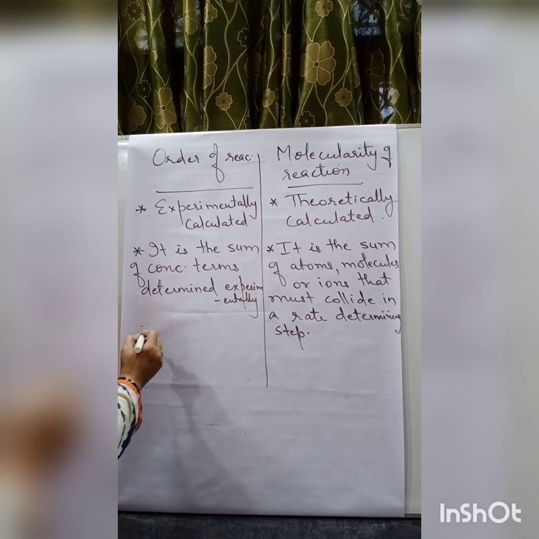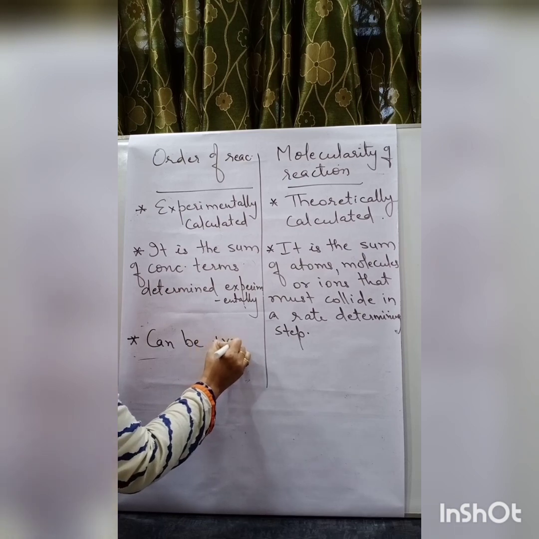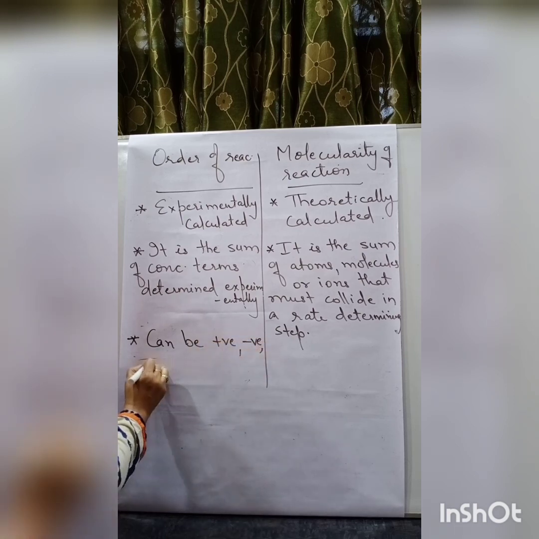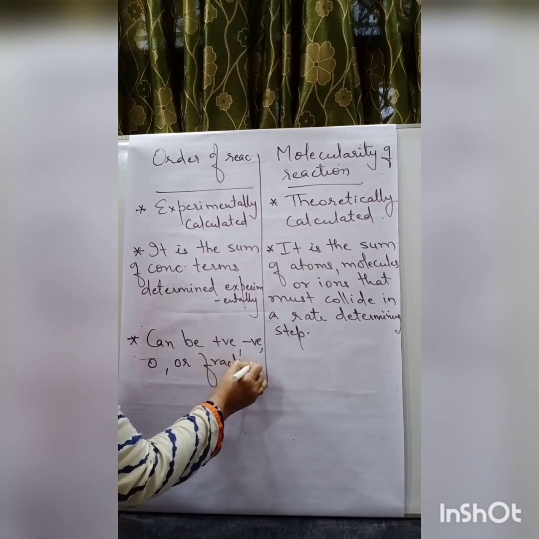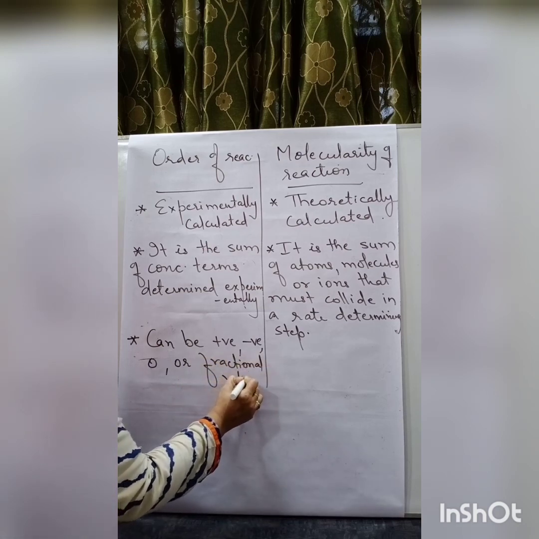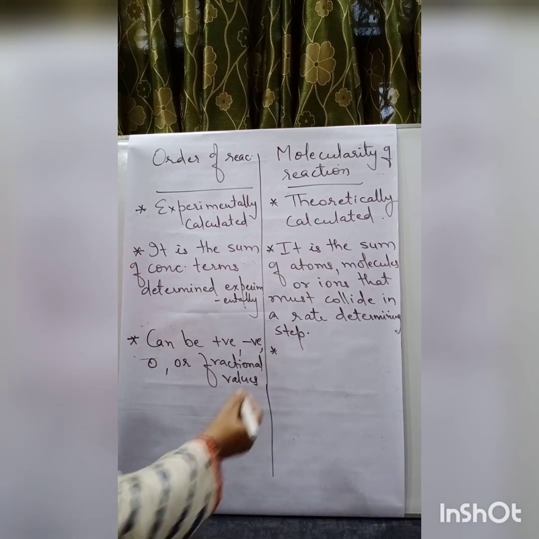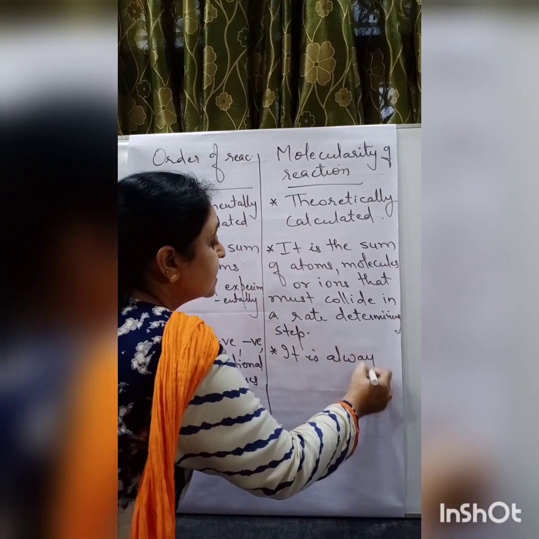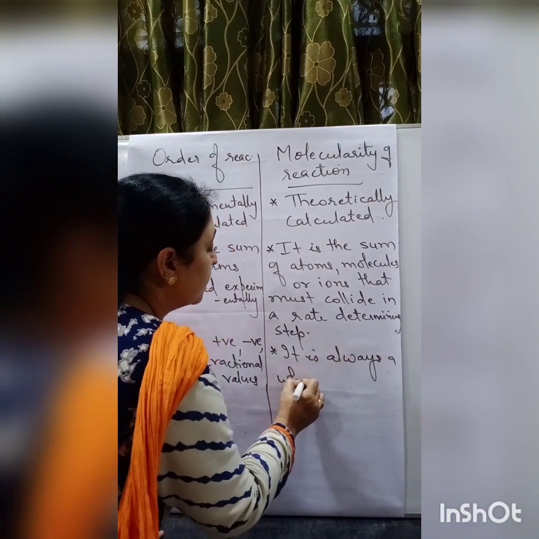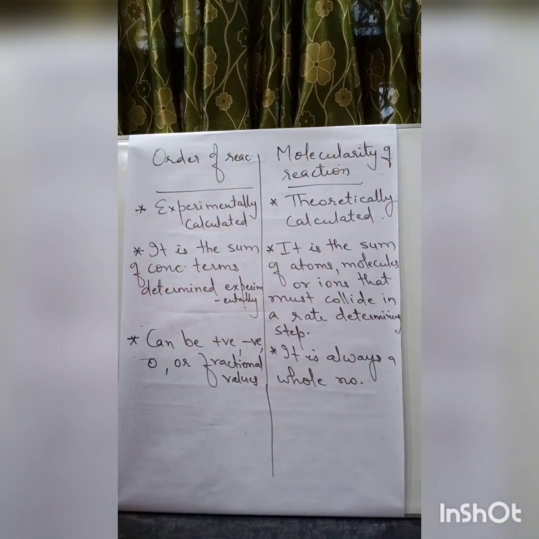Then order of reaction can be positive, negative, 0 or fractional values. Anything is possible out here. What about the molecularity of reaction? It is always a whole number. You can't have negative and fractional values for molecularity.